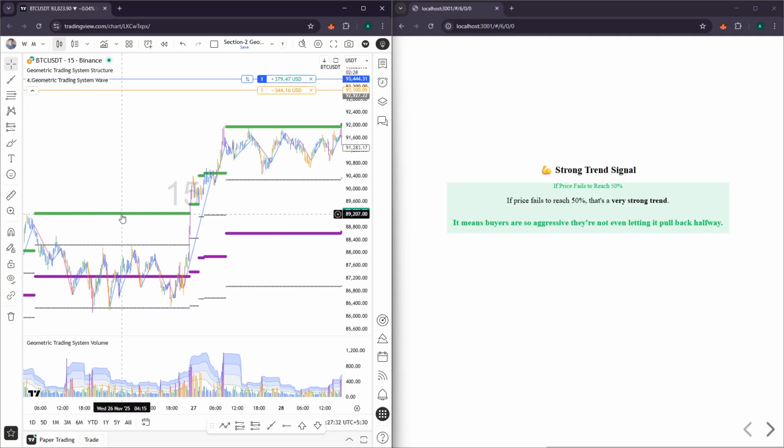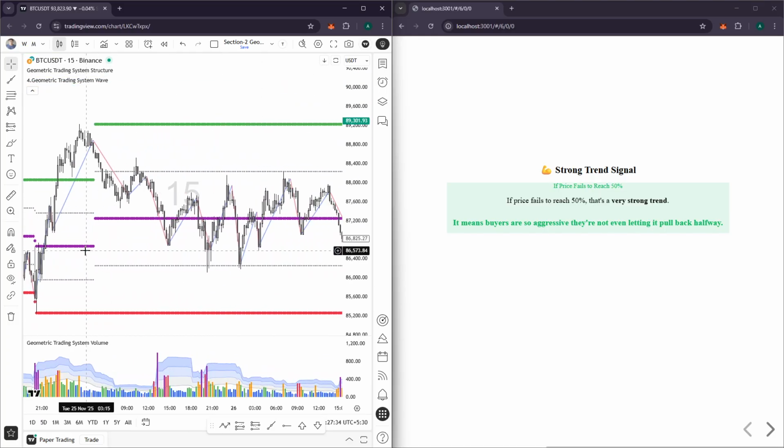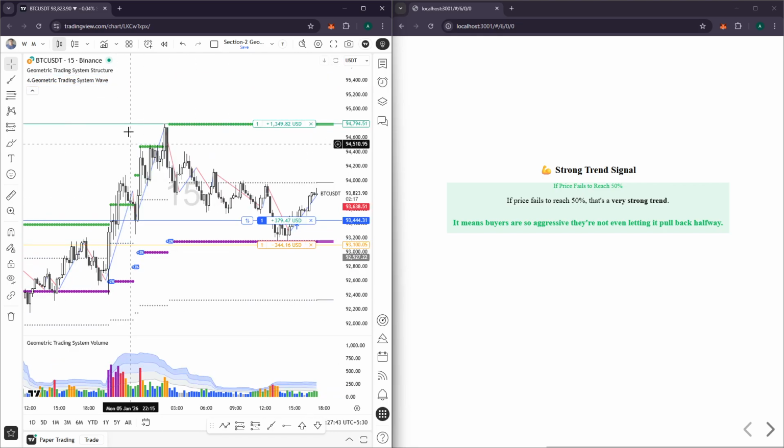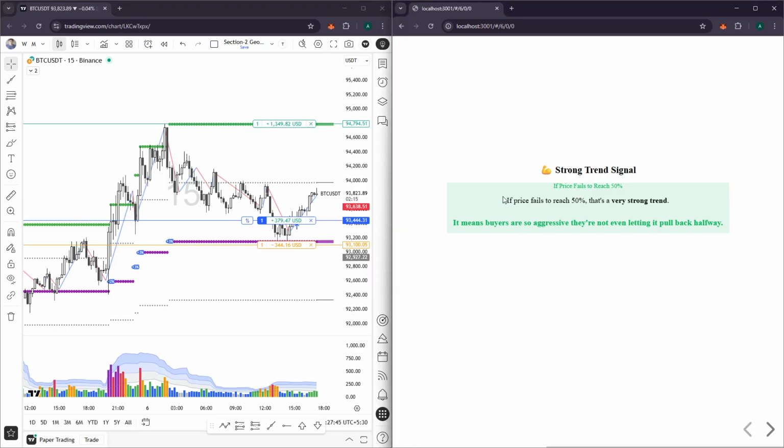And you can see here the market was uptrending, and on the pullback, 25% level, boom, then 50% level. What it's trying to tell us is that buyers are so aggressive that they're not even letting it pull back halfway.